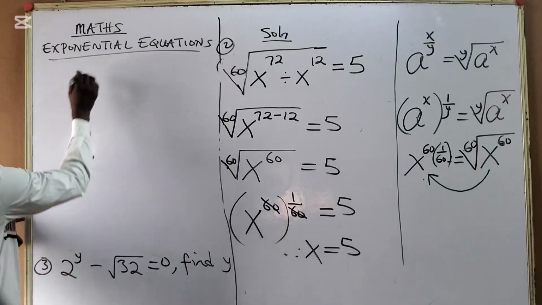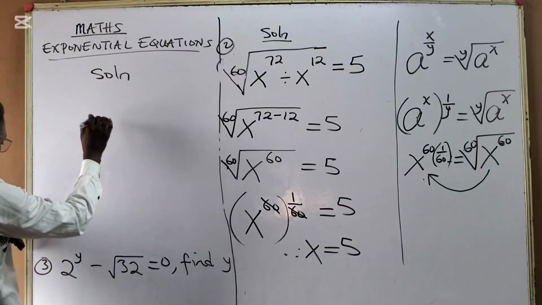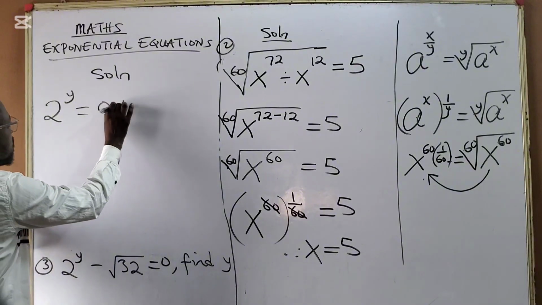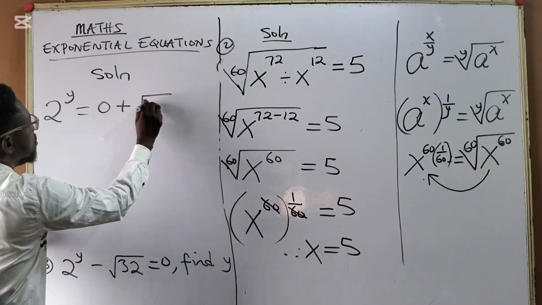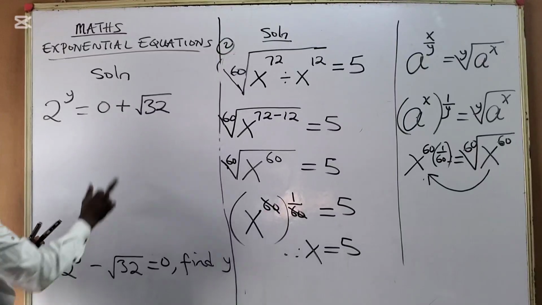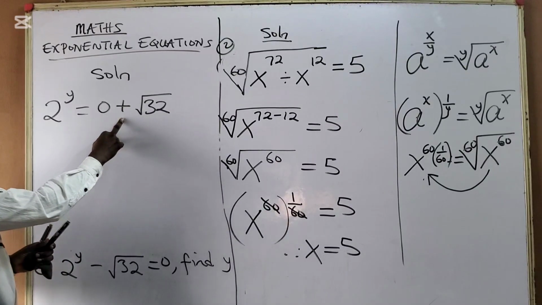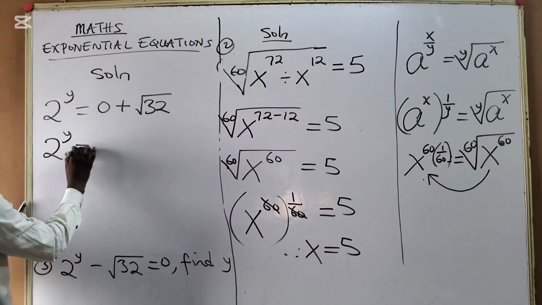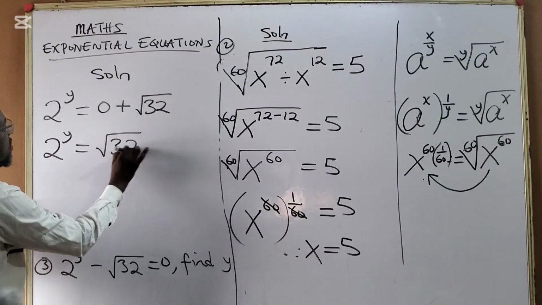So I write this as 2 raised to the power y equals 0 plus root 32. Plus, because this is minus. If minus crosses the equality sign, it becomes plus. So I will now get 2 raised to the power y equals square root of 32.